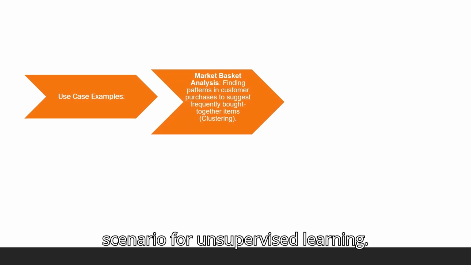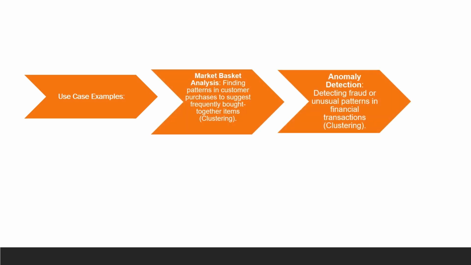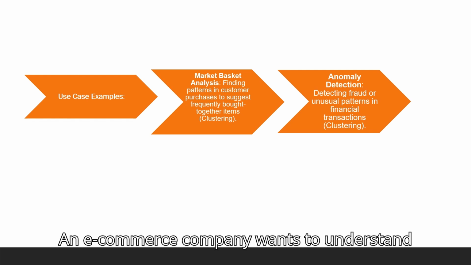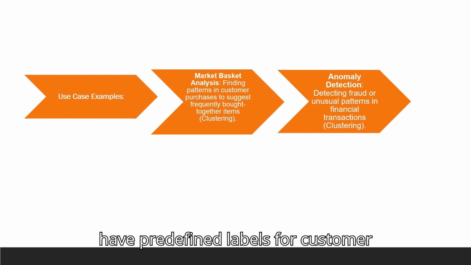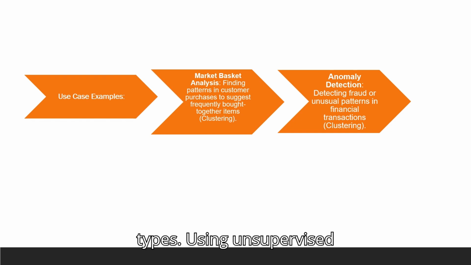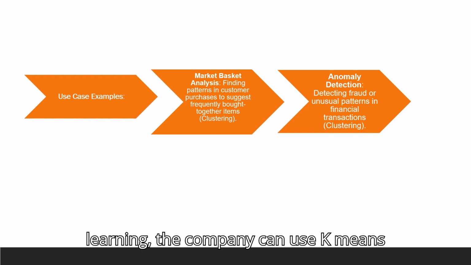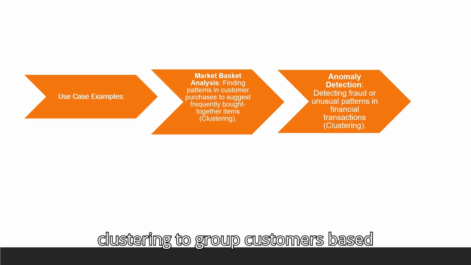Now, let's dive into a real-world scenario for unsupervised learning. An e-commerce company wants to understand its customers better, but they don't have predefined labels for customer types. Using unsupervised learning, the company can use k-means clustering to group customers based on purchasing behavior.